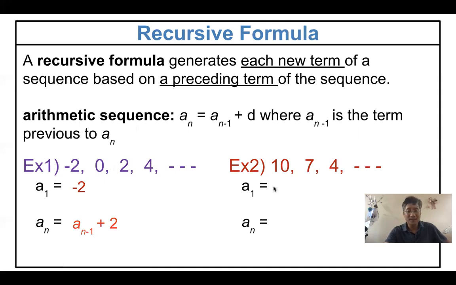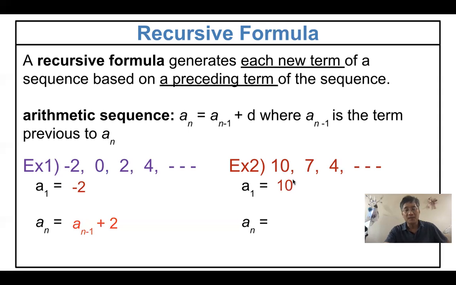What's the first term? 10. What is the difference? 3. Is it plus 3? No, if you add 3, the numbers should get higher, but it's going down. Then what is it? Negative.